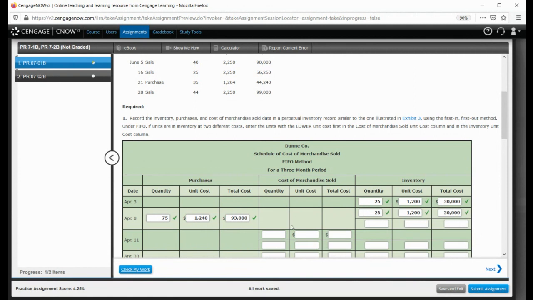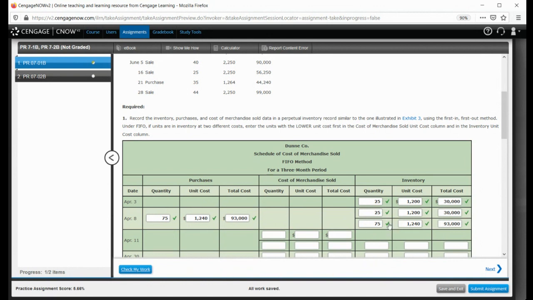We also need to show on this very same line here that 75 of our units are going to be purchased at $1,240. So we're bringing across what we just purchased here. And the total cost of that is going to be $93,000.